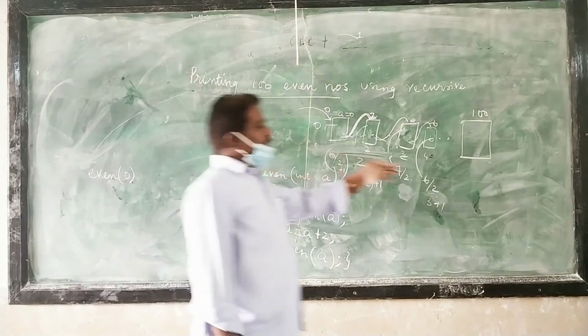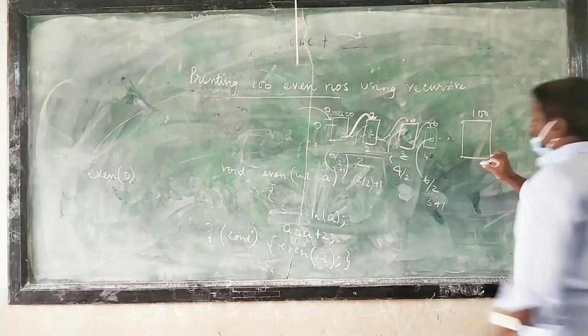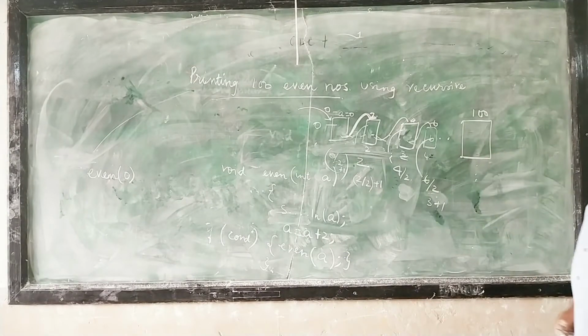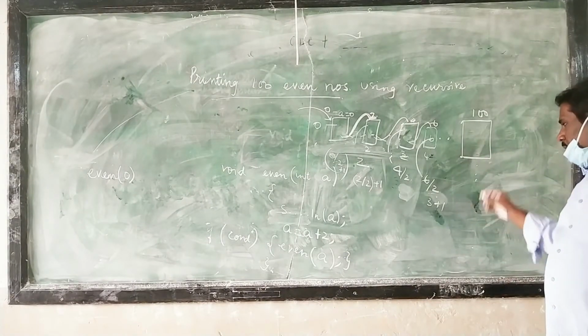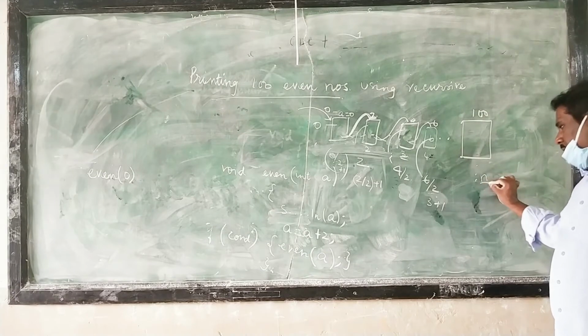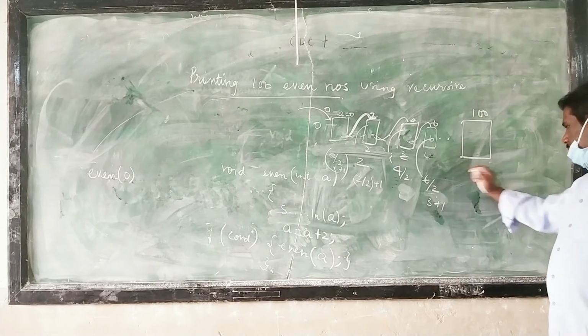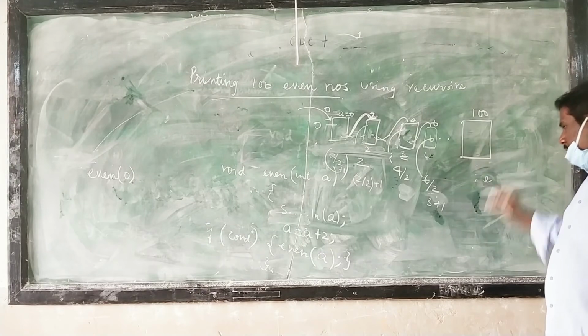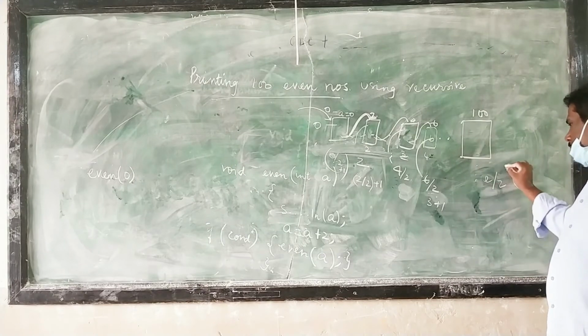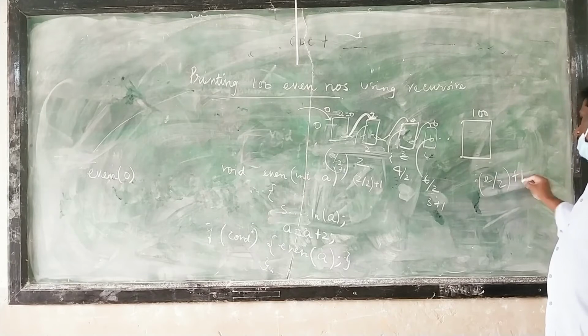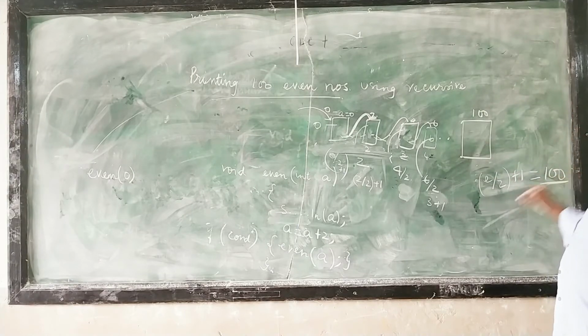So for even the 100th, what is the formula? 100 is the number. Same formula. If you take the even number e, e divided by 2 plus 1, that will definitely be 100. That should definitely be 100, isn't it?